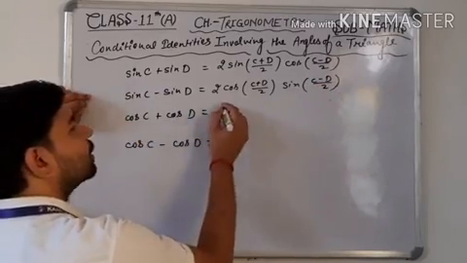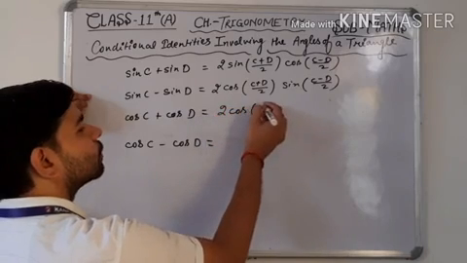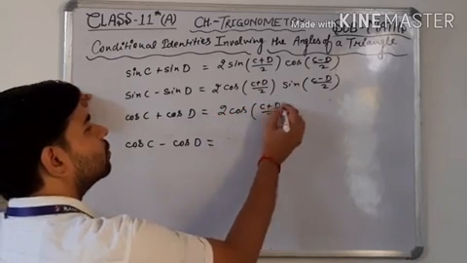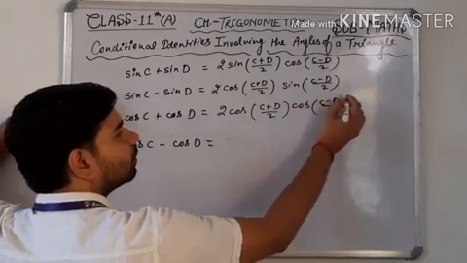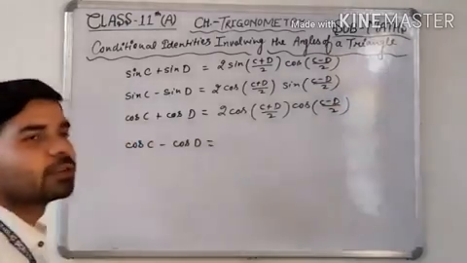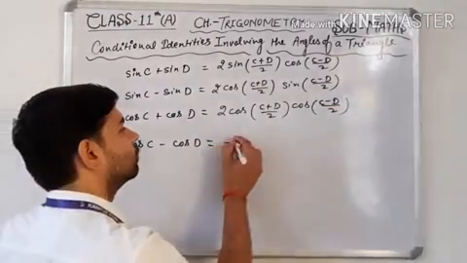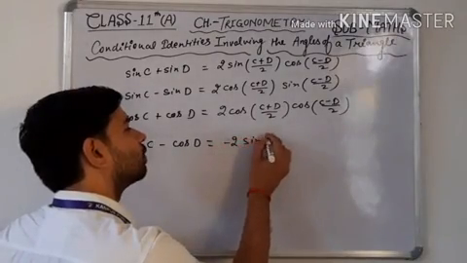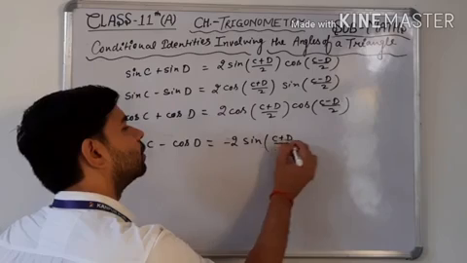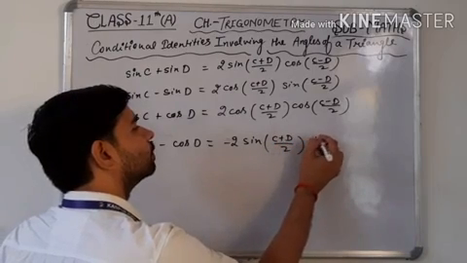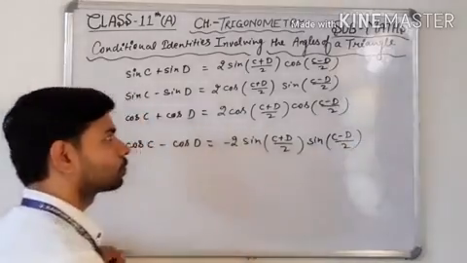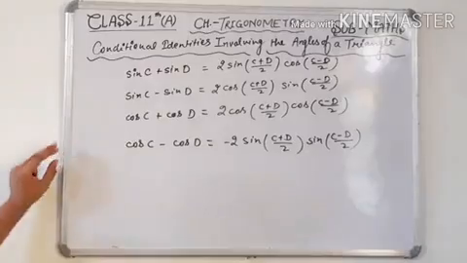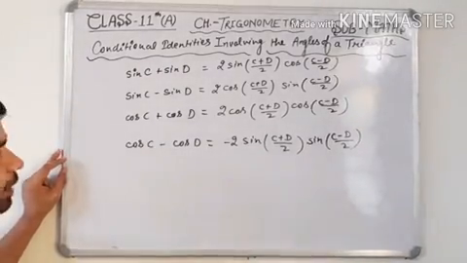Cos C plus cos D is equal to 2 cos (C plus D)/2 cos (C minus D)/2. And cos C minus cos D is equal to minus 2 sin (C plus D)/2 sin (C minus D)/2. These four formulas you have to use in this exercise.